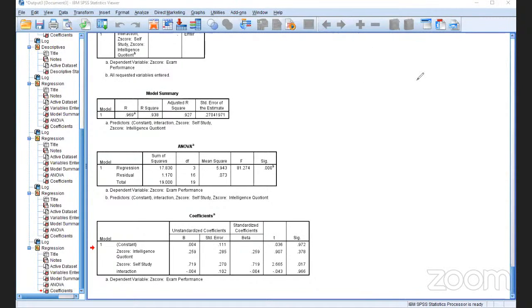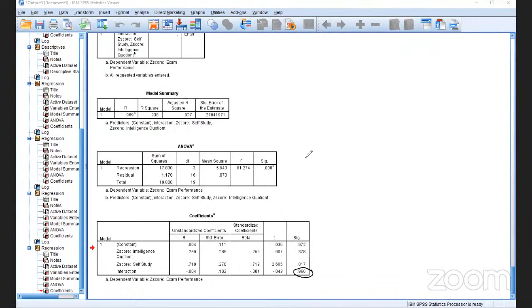Here we can see that the interaction is not significantly contributing to this model, because the value of the interaction term is greater than 0.05.